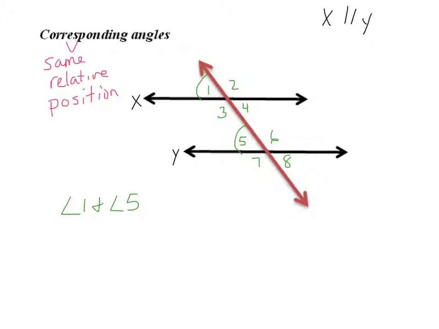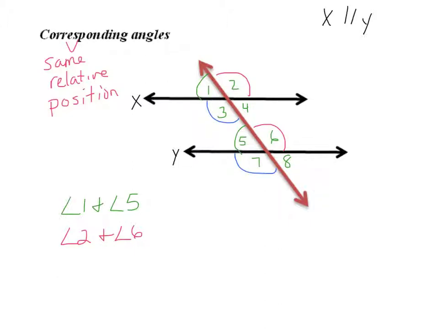Let's find another one. Angle 2 is above a parallel line, right of a transversal. Well, so is angle 6. So angle 2 and angle 6 are corresponding. See if you can take a moment and pause the video and figure out the other ones.